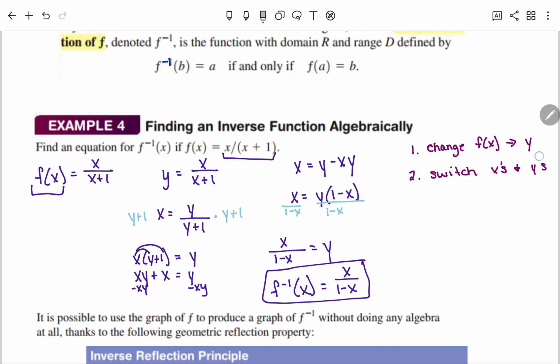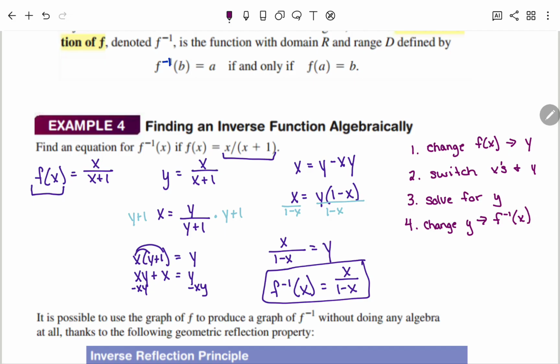Actually, there should only be one y. Step 3, solve for y. After you solve for y, change y to be your f inverse of x.